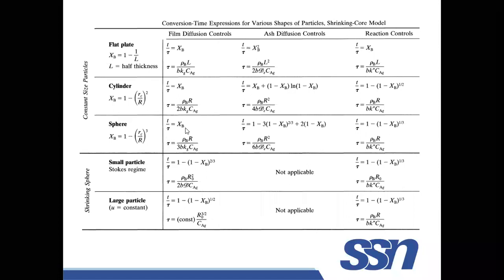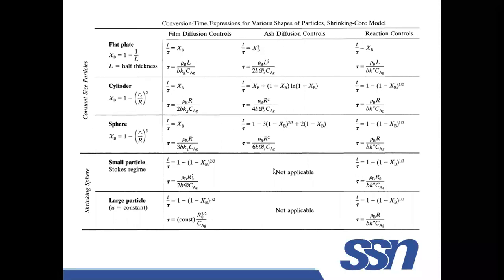So t by tau is XB for film diffusion, whereas for ash diffusion, t by tau is 1 minus 3 times (1 minus XB) whole power 2 by 3 plus 2 times (1 minus XB). I told you how to remember this. 1 plus 2 is 3, therefore minus 3, right?